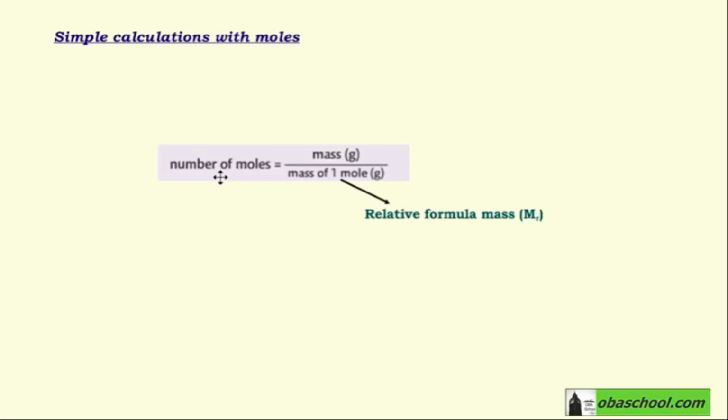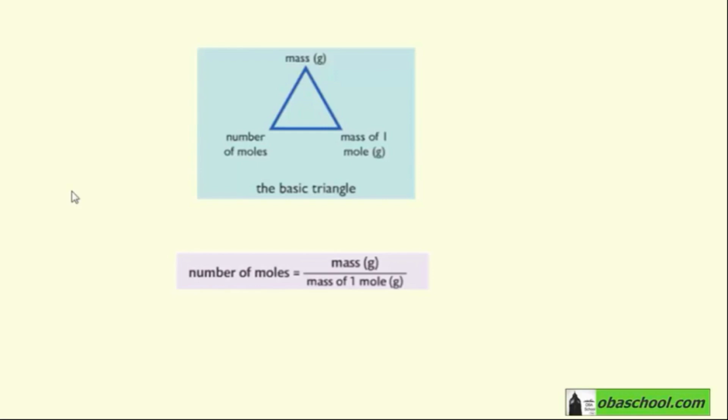Now if they want us to find the mass, how can we rearrange this formula in a way to find the mass of 1 mole? Well, let's use the triangle way. It's called the basic triangle. We will distribute the number of moles, mass, and mass of 1 mole on this triangle in this way.